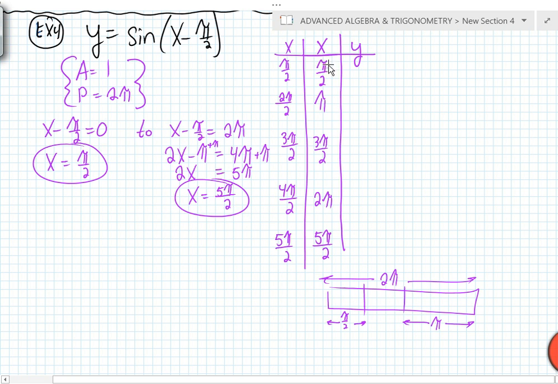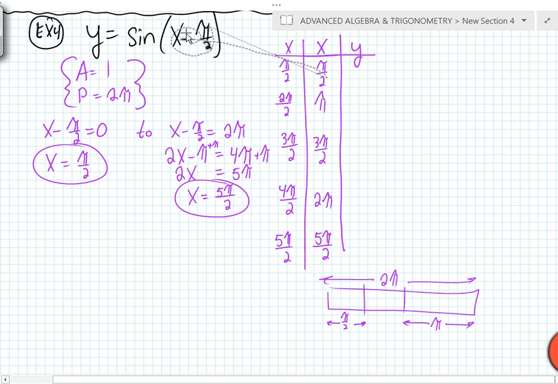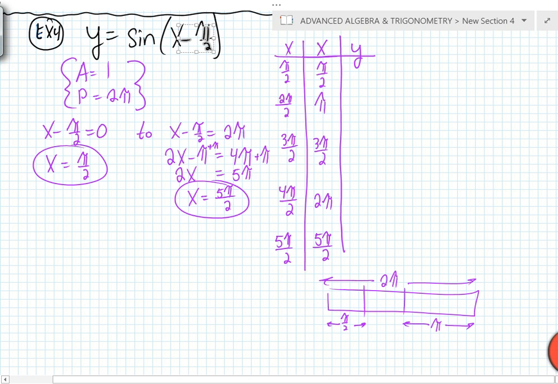Okay, so if I have pi over 2 and I plug that into here, pi over 2 minus pi over 2 is 0. The sine of 0 is 0, so I have an output of 0. Now this is where sometimes having both columns is really useful, because I'm going to be subtracting pi over 2. If I think of pi, I don't have a common denominator, so it's going to be more difficult.